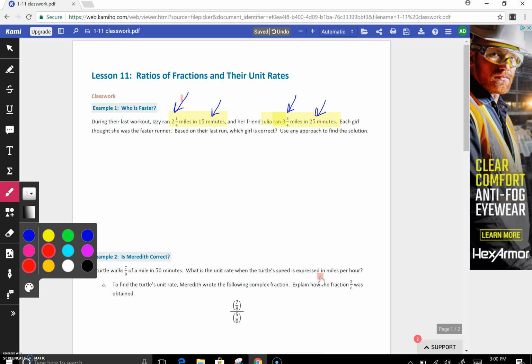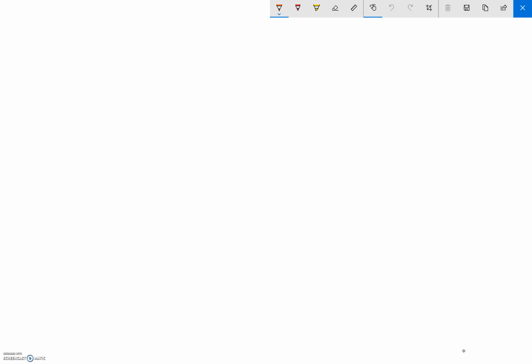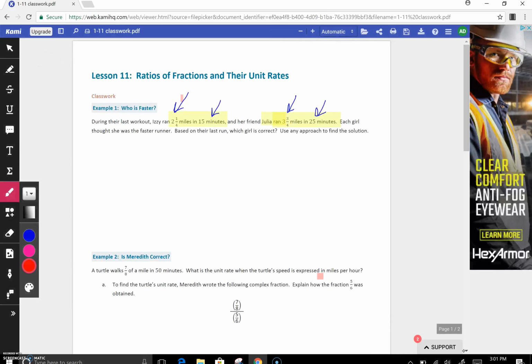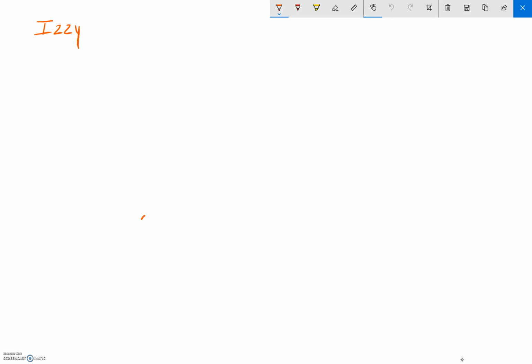So you have your paper in front of you. I'm going to click over to another slide, and we're going to write down the information. You can show the work right where there is a space on your paper. So first of all is Izzy. She runs 2 1/4 miles in 15 minutes. So we're going to write that as a ratio.